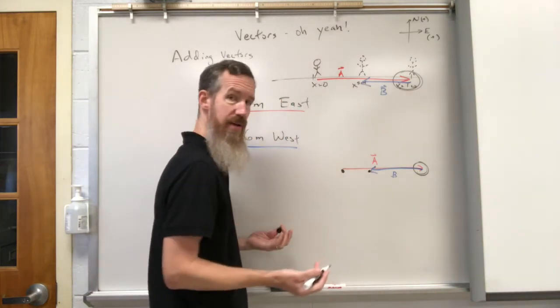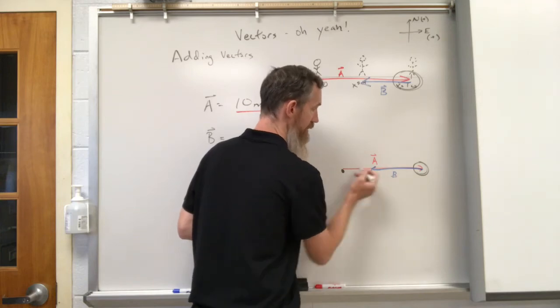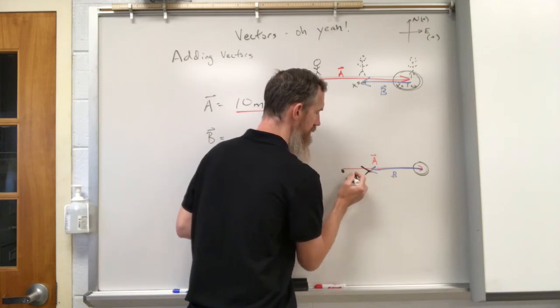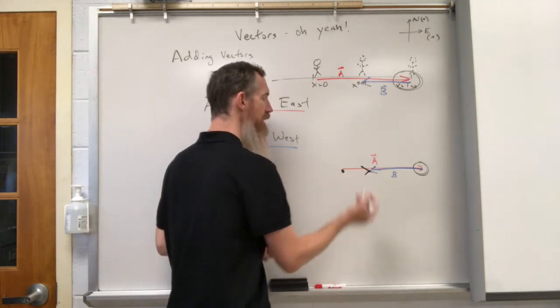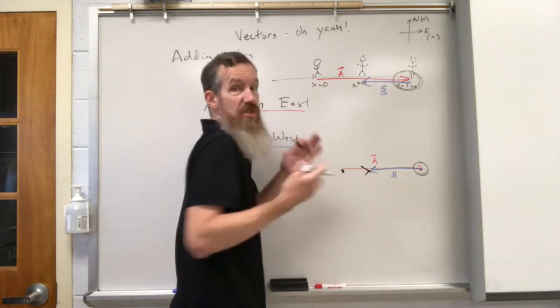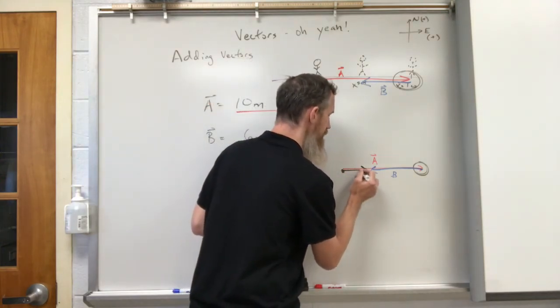But that direction matters. You're going to end where the end of the daisy chaining of the vectors happens. That's right here. So that's going to become the head. So again, the tail of the resultant vector starts at the start of the problem and points to wherever the end of the problem is.